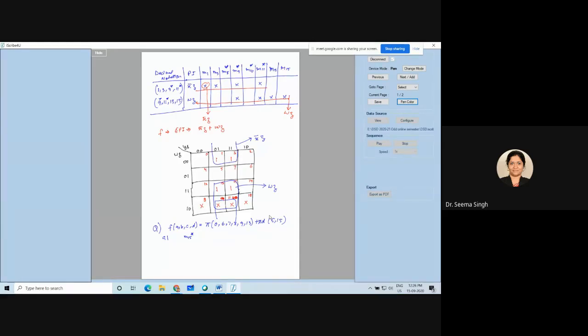You have to write your group in that form. Your step 2 and step 3 of grouping based upon the number of ones, and your pairing, that does not change anything. It remains as it is, your min term tabular form. There is no change.